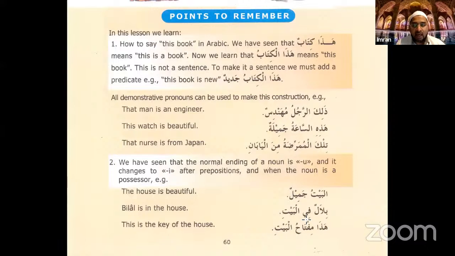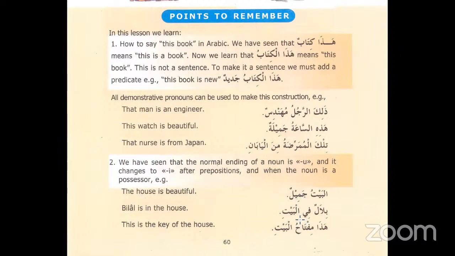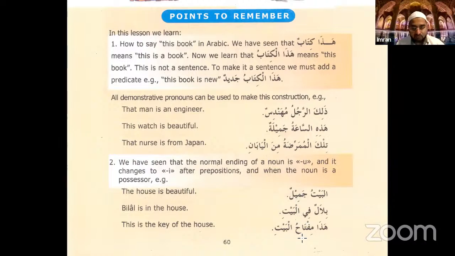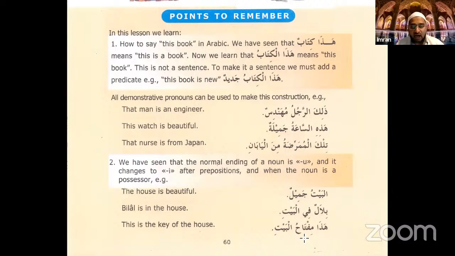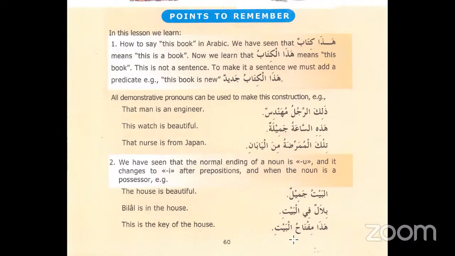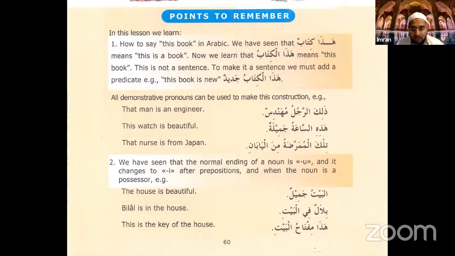So a preposition can come as the predicate. Fil bayti. The third case? هذا مفتاح البيت. Exactly. So here, mudaf ilay is coming as the khabar, predicate. So these are 3 different types of predicate: single word, preposition, and mudaf ilay.